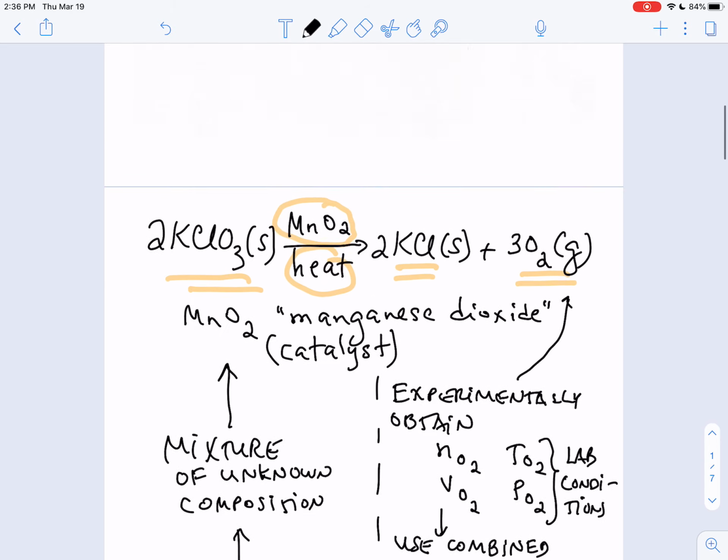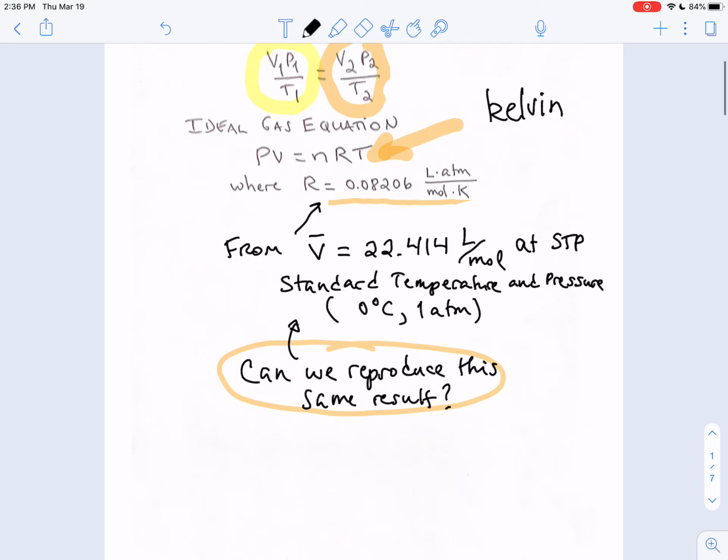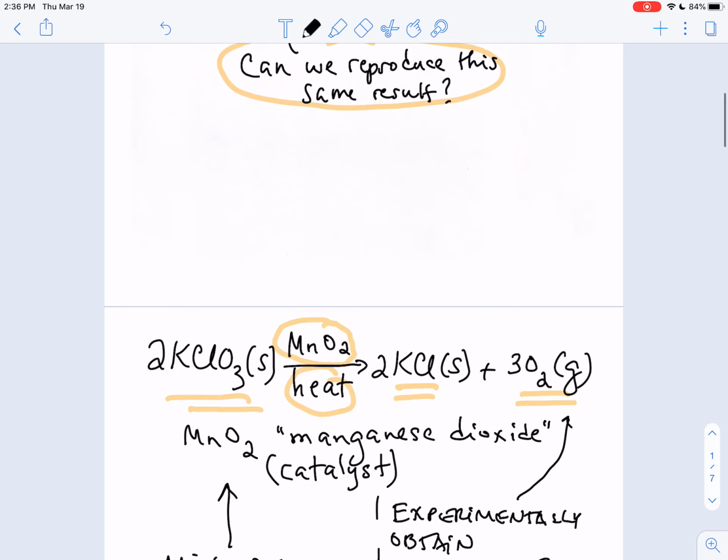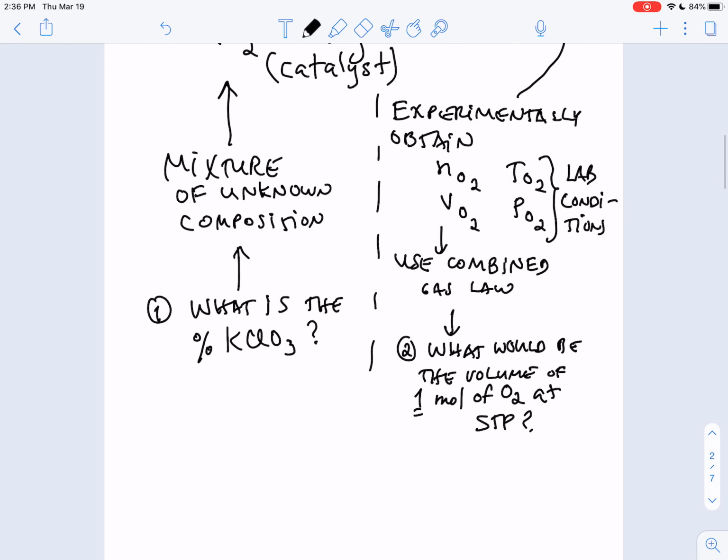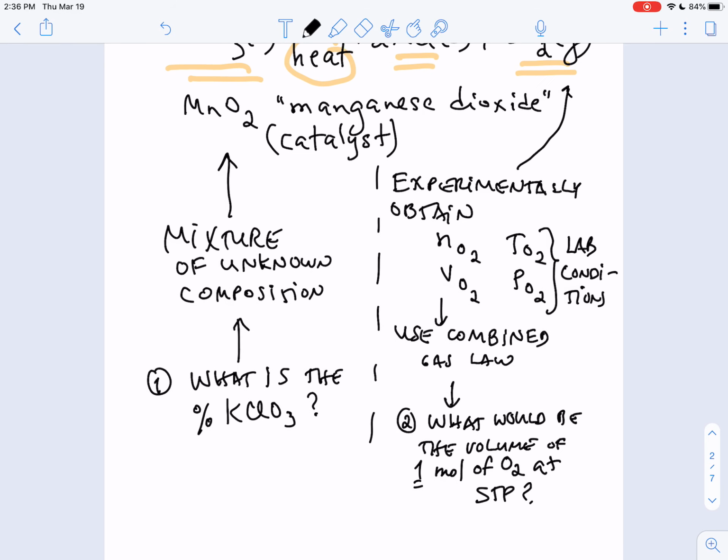Remember that we said that according to literature, that value should be 22.414 liters per mole. Let's see if we can get the same value here or something close to it.